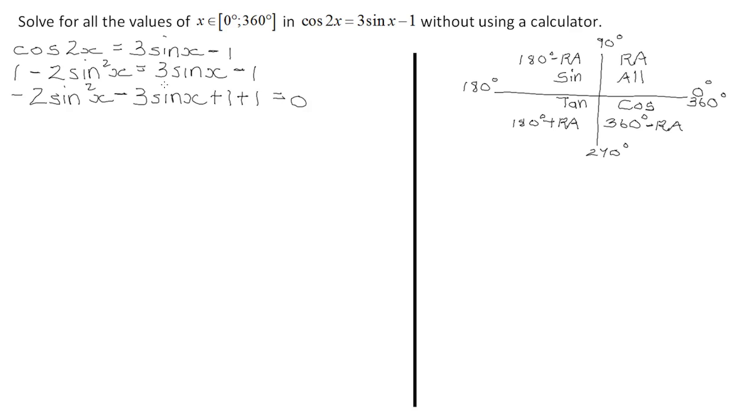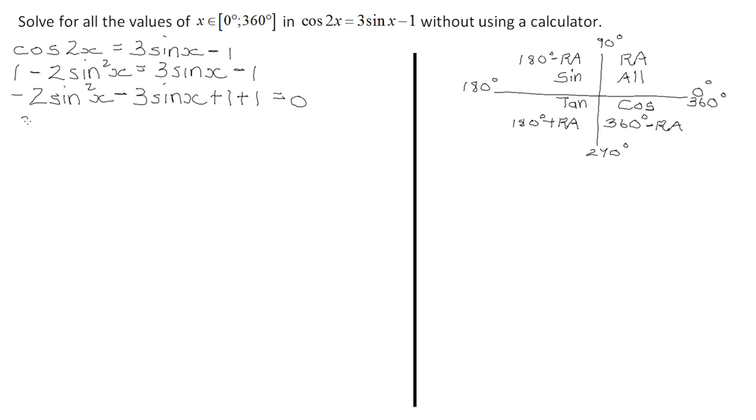The condition for solving a quadratic equation, immaterial whether it's trigonometrical or algebraic, is that the equation must be equal to 0. Now, let's get rid of the minus by multiplying the whole equation with minus 1.